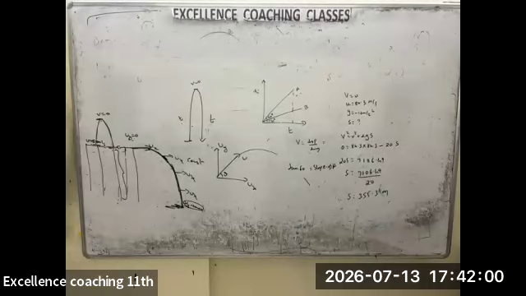A rocket is fired vertically from the ground with a resultant vertical acceleration of 10 meter per second square. The fuel is finished in 1 minute and it continues to move up.